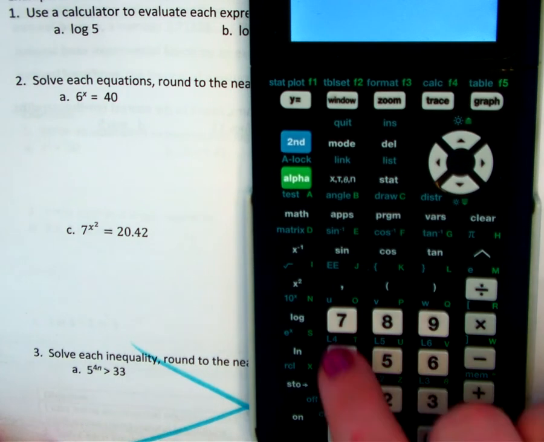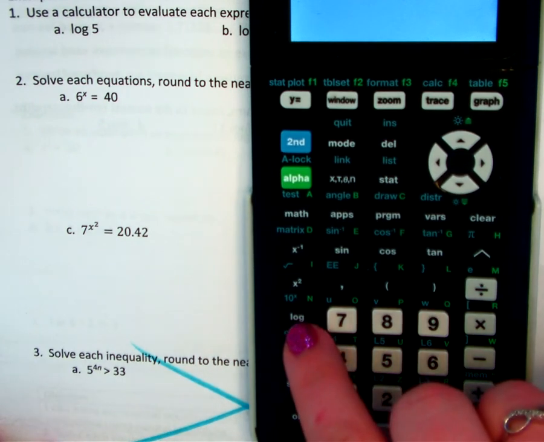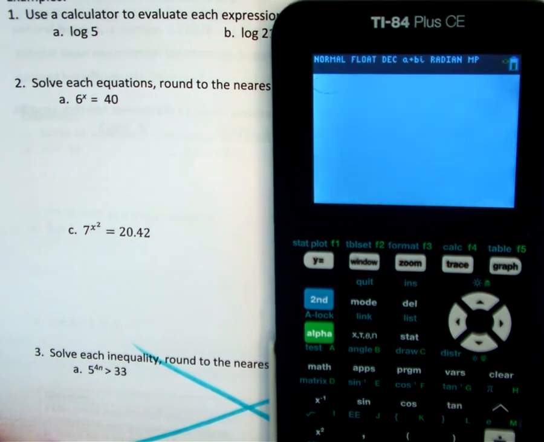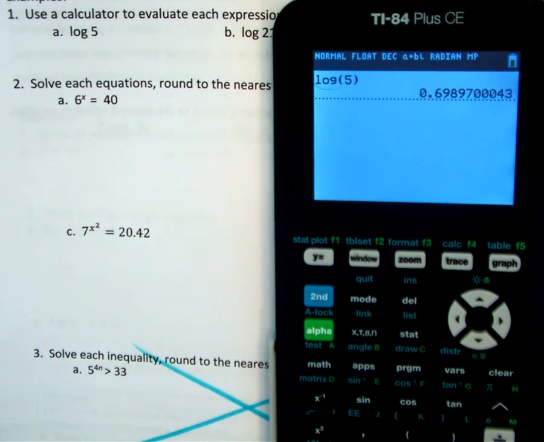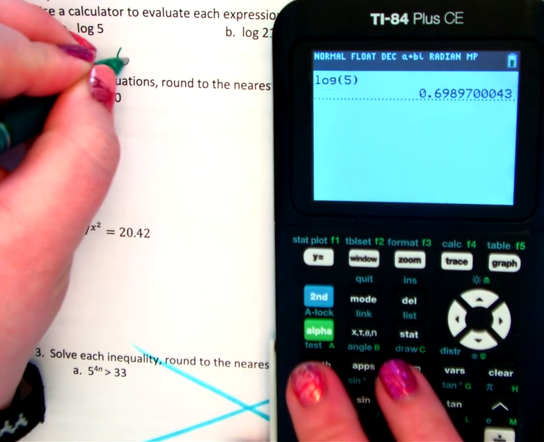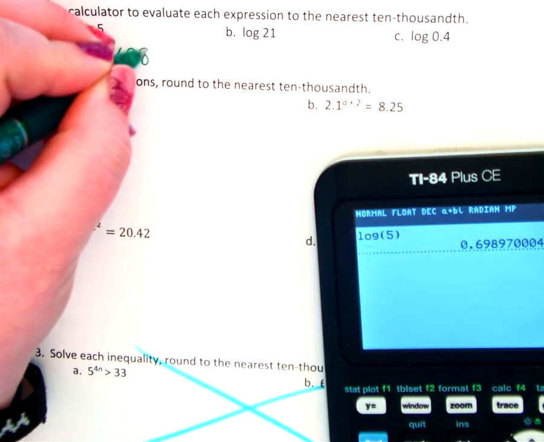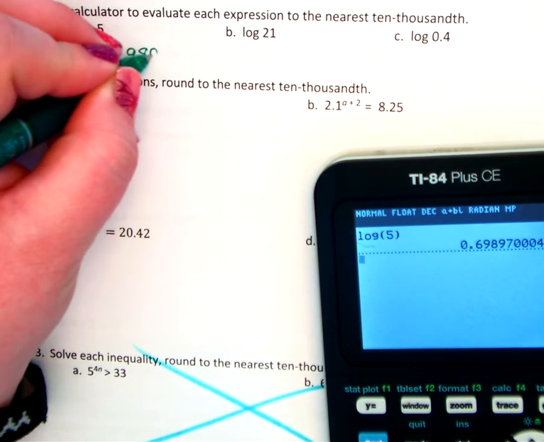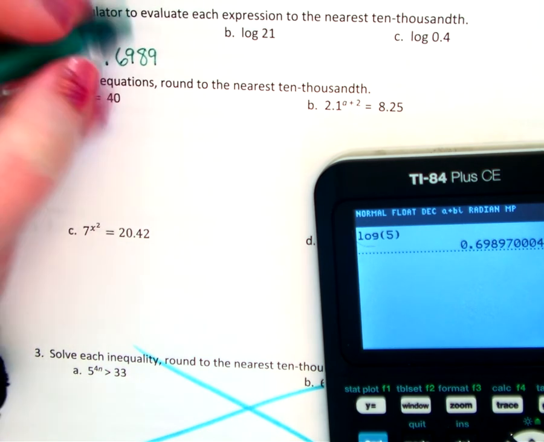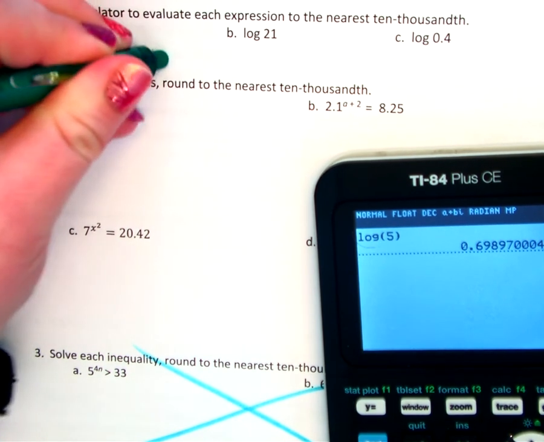We have a log button on our calculator. That does only log base 10. So if I just do log of 5, then I get my answer here, 0.6989, which technically that 9 would round up.